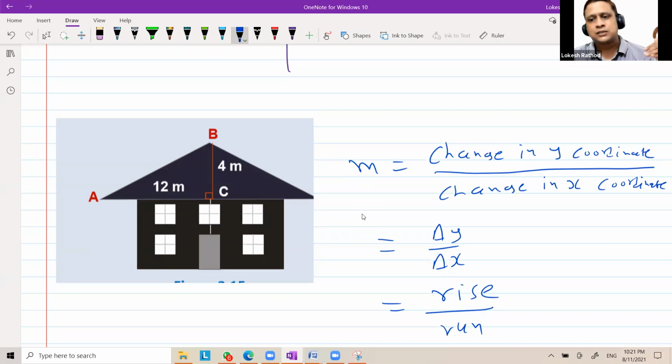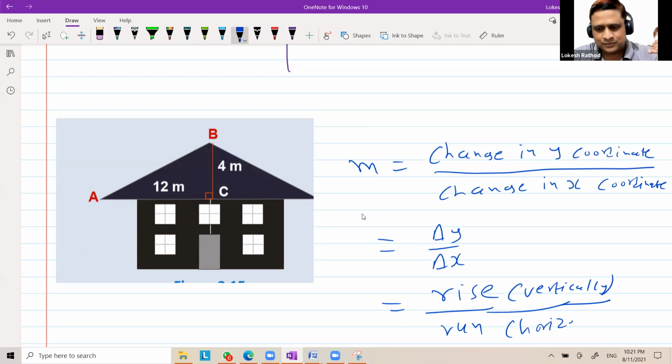How much does the line rise? Rise means vertically. Over how much does the line run? Run means horizontally. Correct? So here you can say this line AB. How much does the line rise vertically?